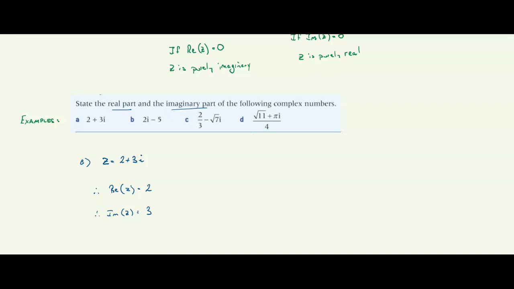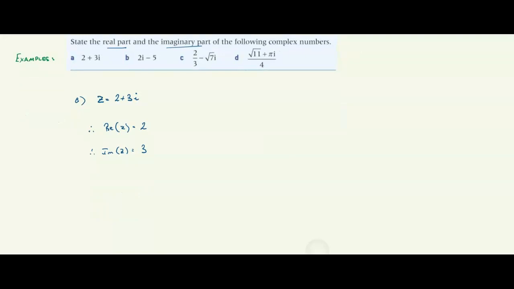In the next video, we're going to look at how this is represented on the complex plane, which looks a lot like your xy plane, except the y-axis is the imaginary component and the x-axis is the real component. So we plot complex numbers on what's called the Argand diagram, a complex plane, and we'll come to that in the next video. Now, I would plot it: real part of z is my real axis here, imaginary z is my vertical axis, and so I'd go 1, 2 across, 1, 2, 3 up, and that would be my z there.